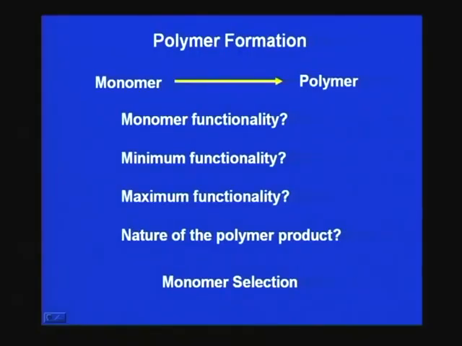What will happen during polymerization? These things will come across gradually and we will see. So, we have to look into the nature of the polymer product. Looking at those points, we have to go for a proper selection of monomer before synthesizing a polymer.